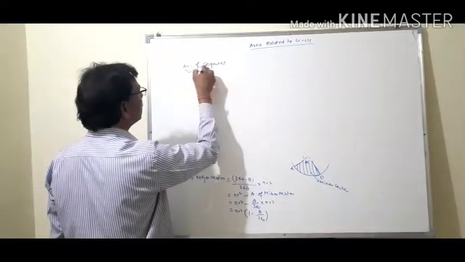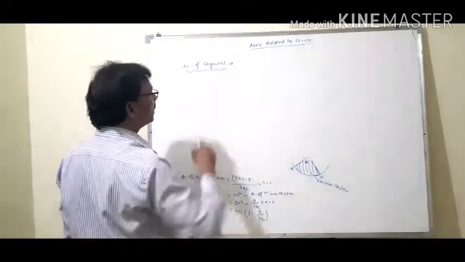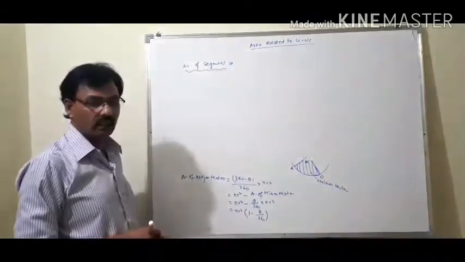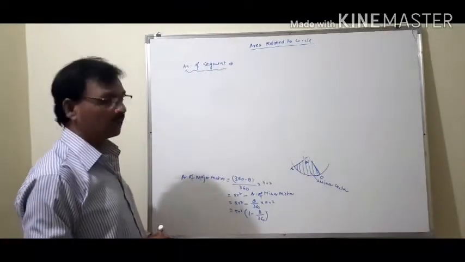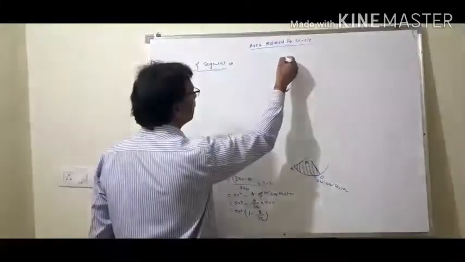What is the segment? About this we have already discussed in chapter 10, that means circles. What is the area of a segment and what is the diagram?